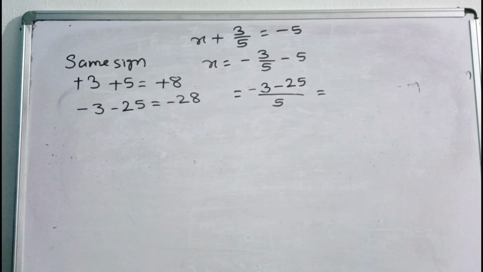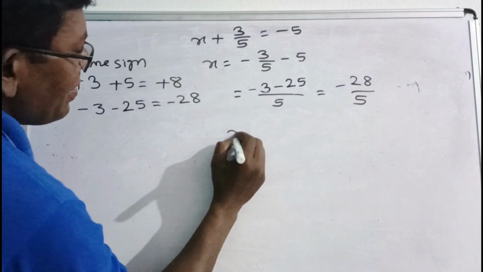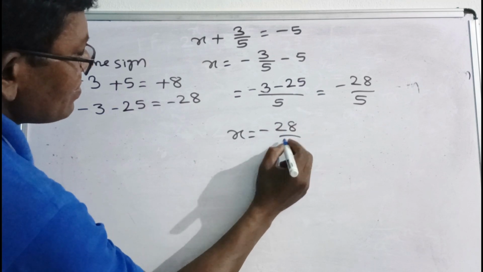Minus 28 upon 5. This is the value of x.